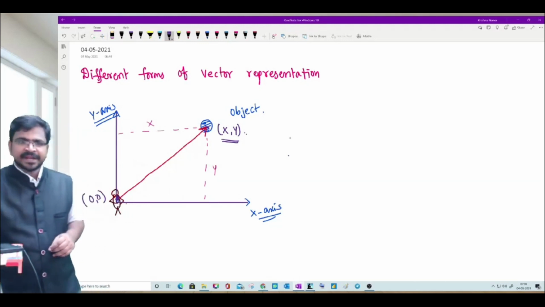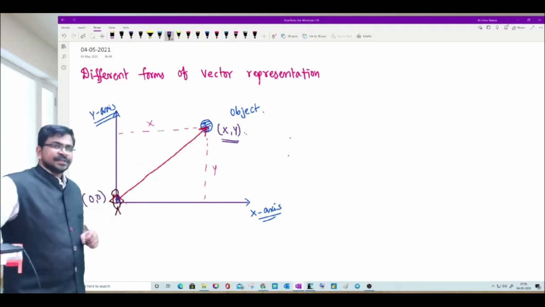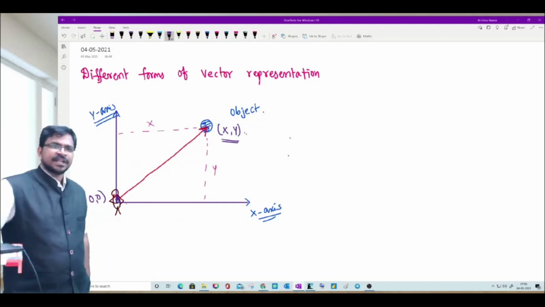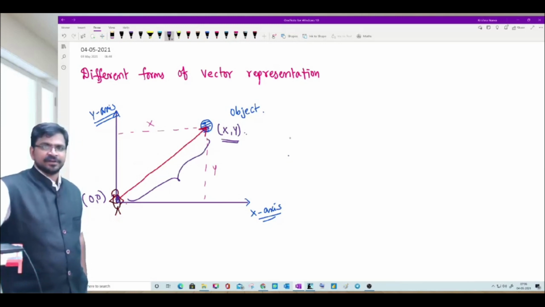To have sufficient information to represent that vector, we can simply write it this way. What is the length, the magnitude or size of the vector? We represent it with x2 minus x1 comma y2 minus y1. This is the general representation.